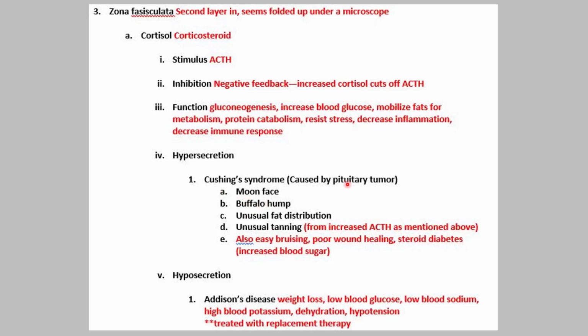But again, even though we say caused by a pituitary tumor, it could also be something wrong with the adrenal gland itself. And Cushing syndrome, there are things called Cushingoid signs that you get with it.